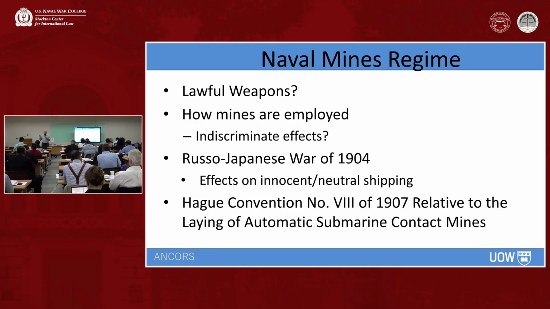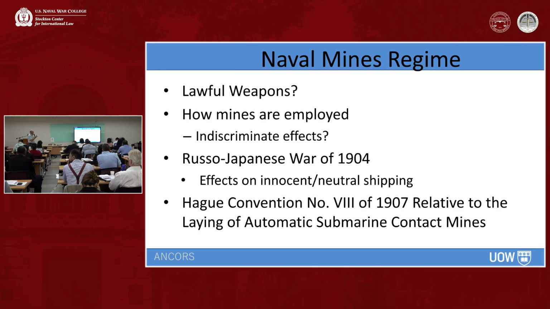So just looking at the mine itself as a weapon, yes, no problem with it being lawful, but you can have an unlawful aspect in terms of how the weapon is actually used.